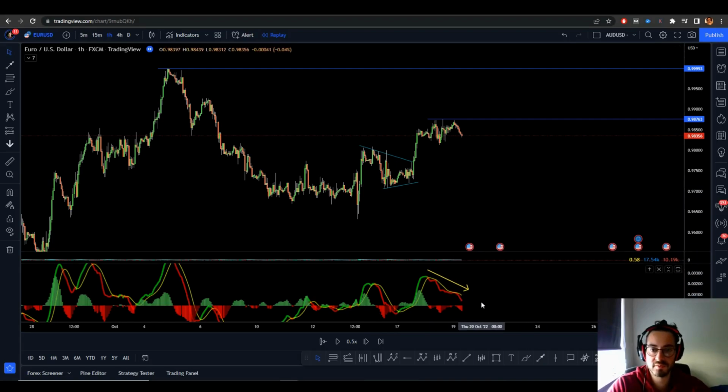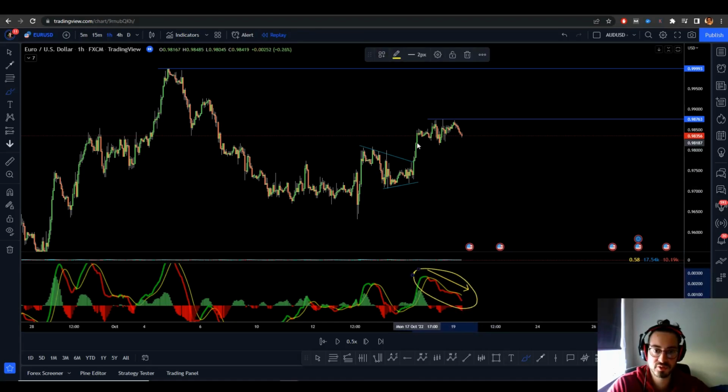So it's showing us divergence. It's basically showing us that the market is distributing up here, that it is topping out. It's not going anywhere. So when I see something like this, I'm thinking, okay, this might be the top. And this is why you need lower time frames to go in and analyze what's happening in here.